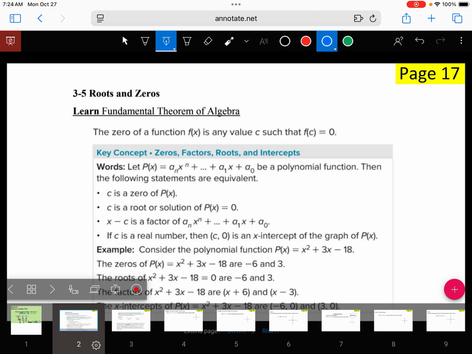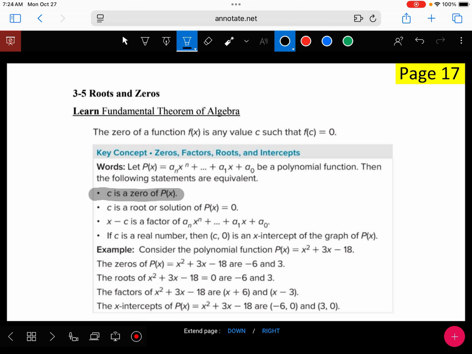What that's saying is when we set that factor equal to 0, that number that we get is going to be one of our solutions. That's pretty important. Also keep in mind that another word for a 0 is a root or a solution.